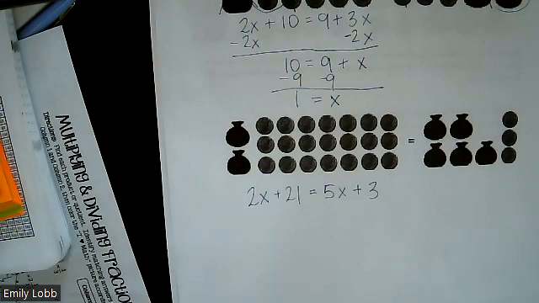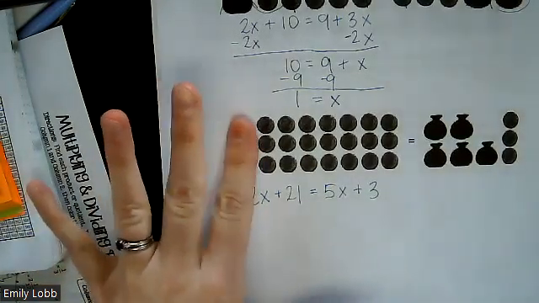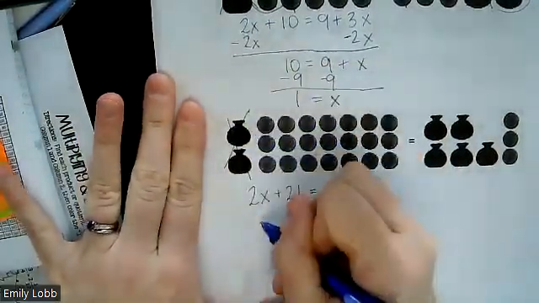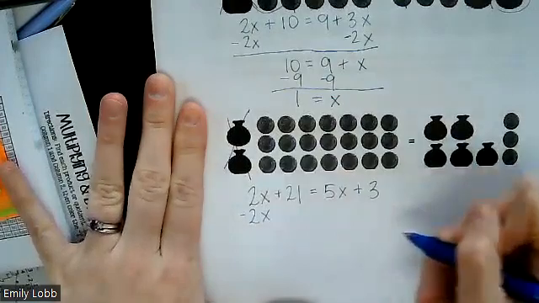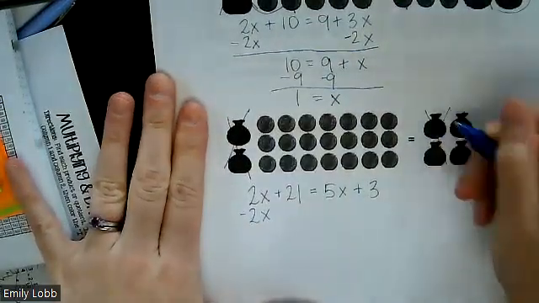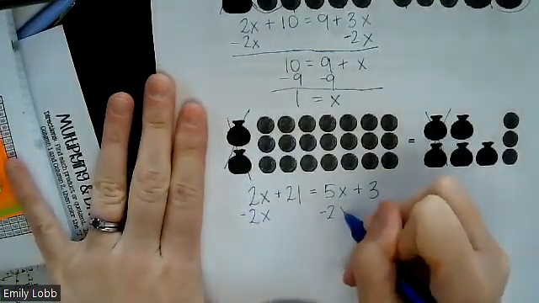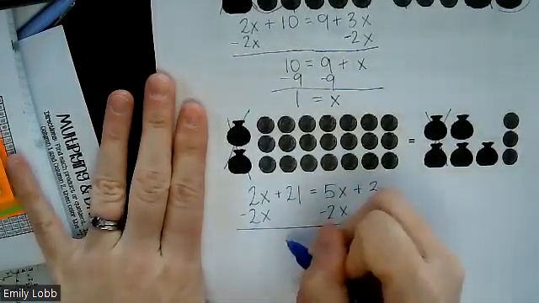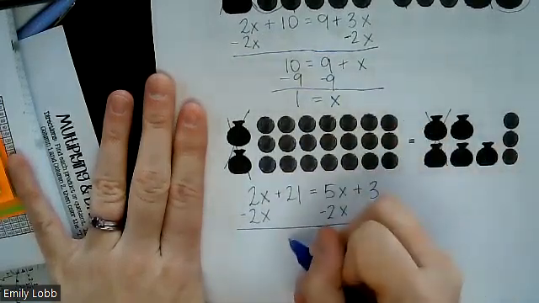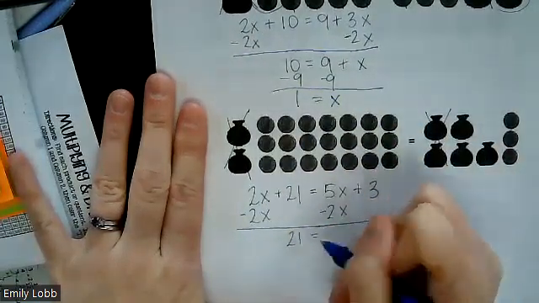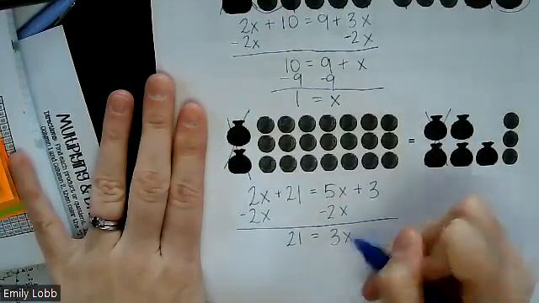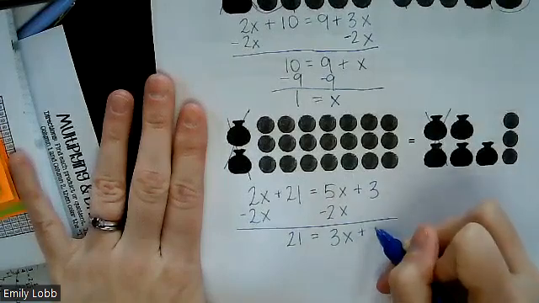So what did you do first? You can take these two away and these two away, right? So if I subtract 2 pouches from the left, I also have to subtract 2 pouches from the right. That leaves me with still these 21 coins. It leaves me with 3 pouches. And I still have these 3 coins over here.